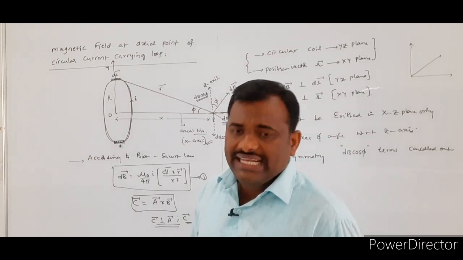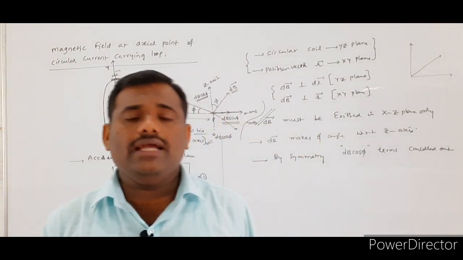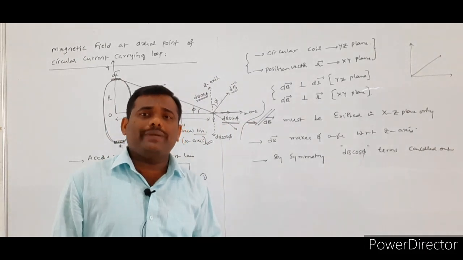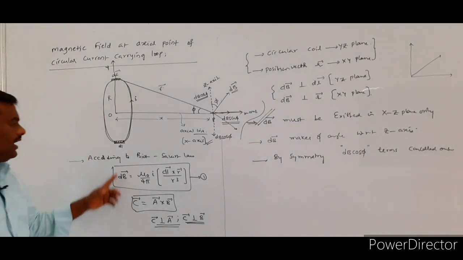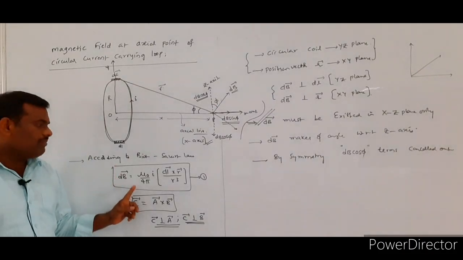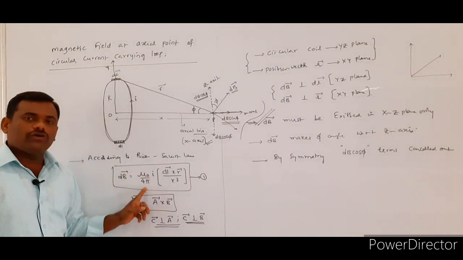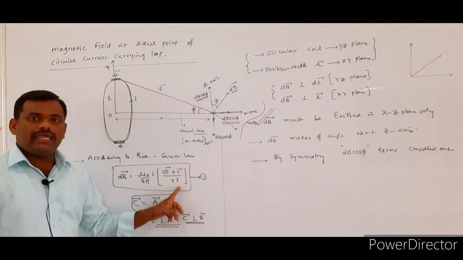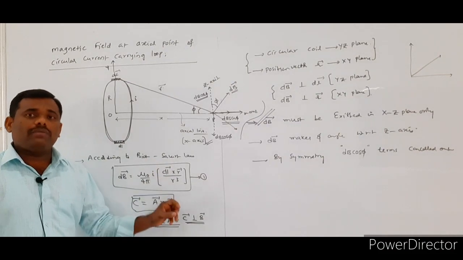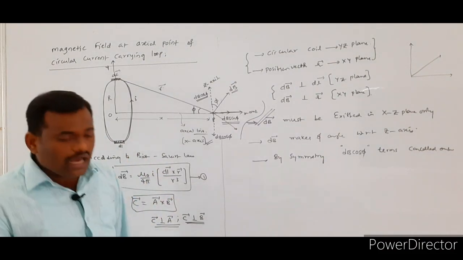The magnetic field intensity which is developed by the current flowing through the small element is given by dB bar is equal to mu naught by 4 pi into I into dl bar cross r bar by r cube. It is written in the form of vector notation.